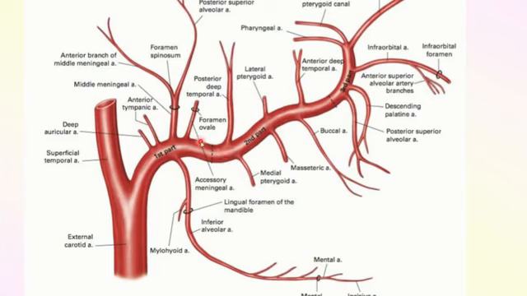But you do not need to be concerned with being able to identify all of these other branches. I want you to just be able to identify the maxillary artery.